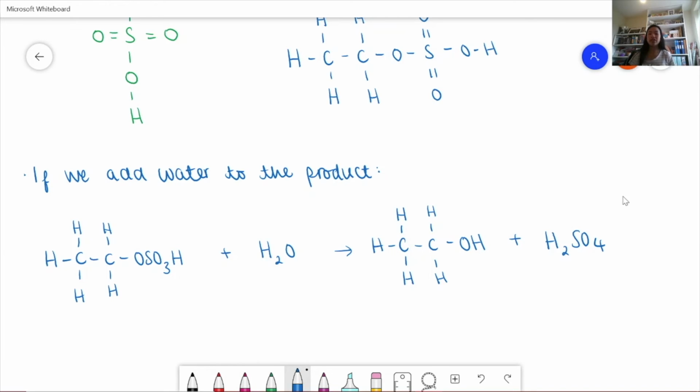This used to be a method where they formed an alcohol from an alkene, because we originally started with ethene, and we've managed to end up with ethanol.